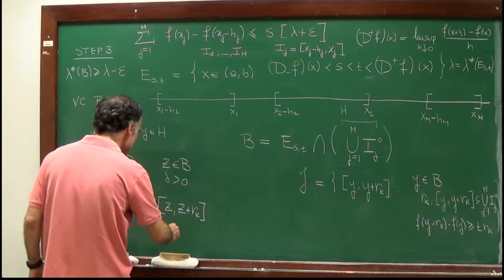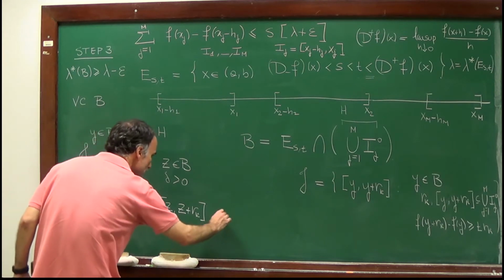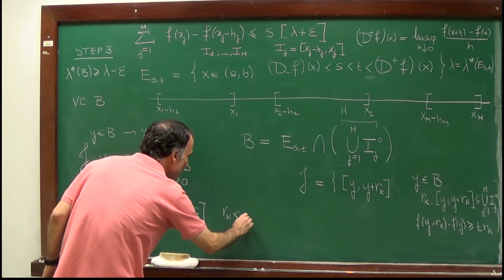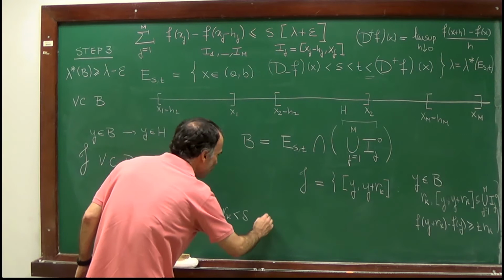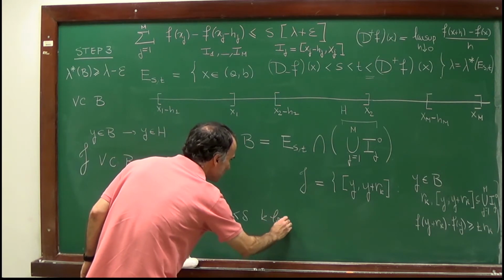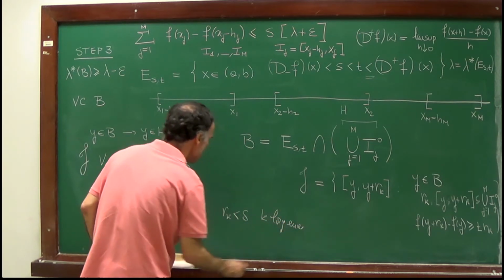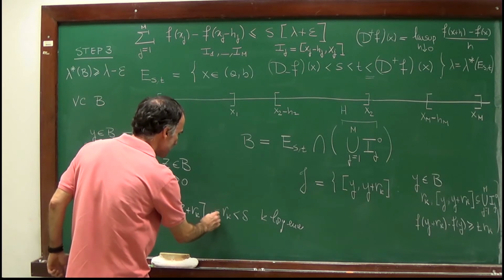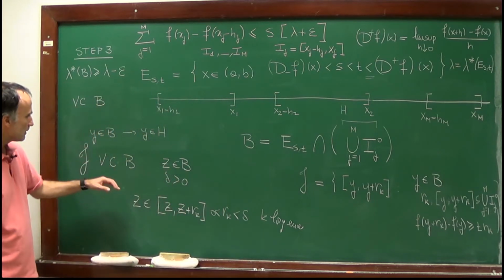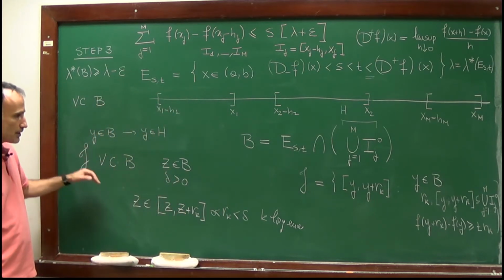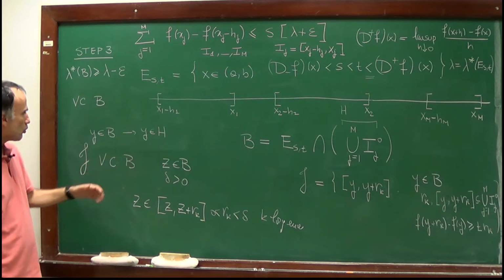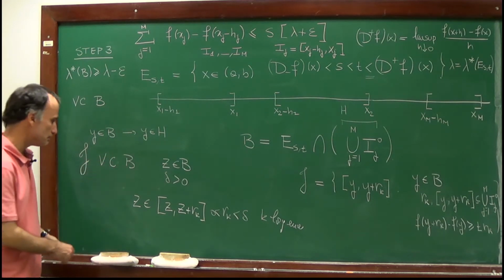So the length of this interval, which is r_k, is smaller than delta for all k large enough. Since r_k is strictly positive, this proves that this family J is indeed a Vitali covering of my set B.